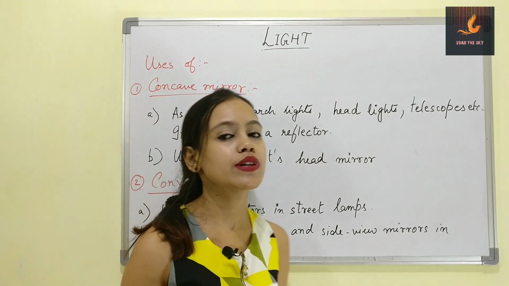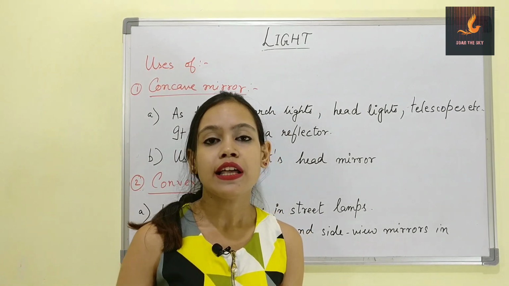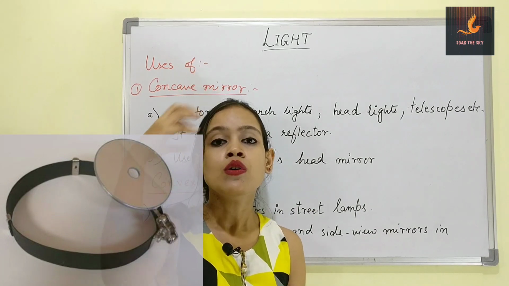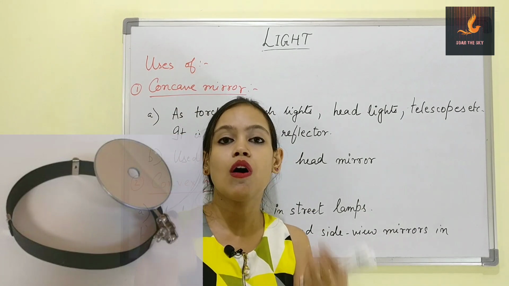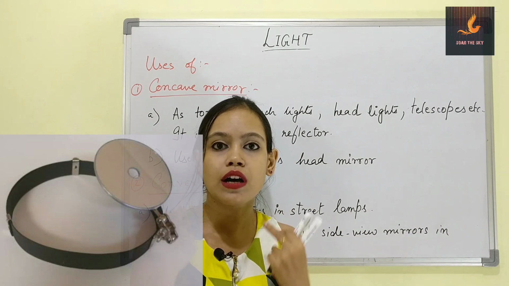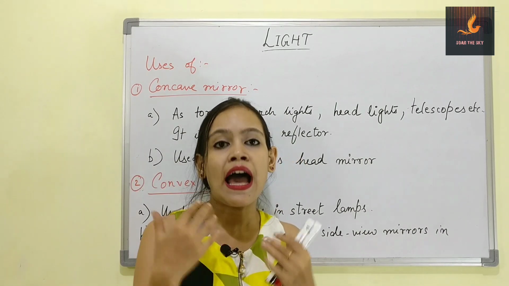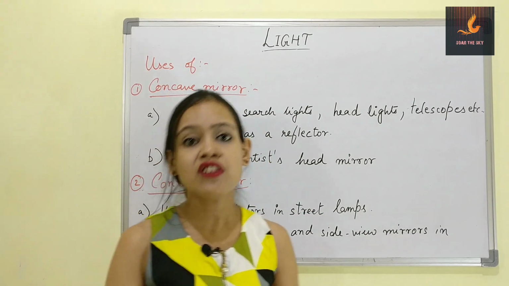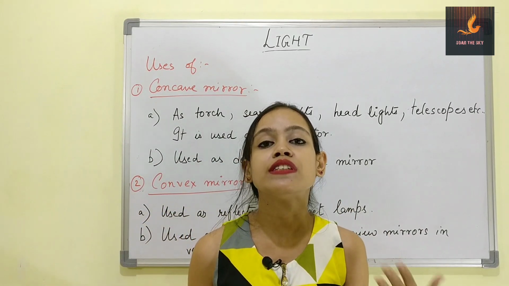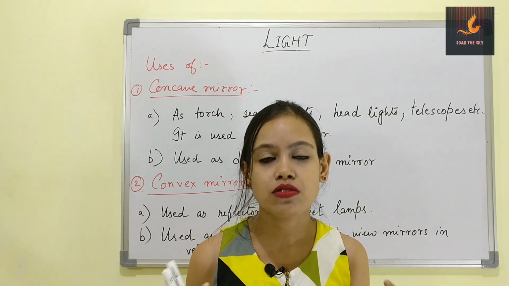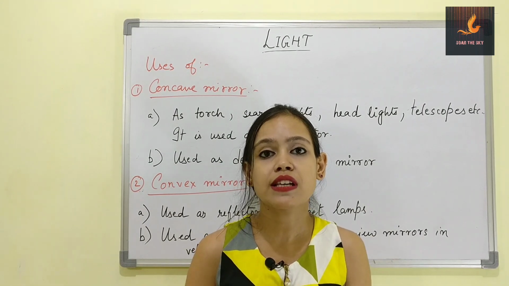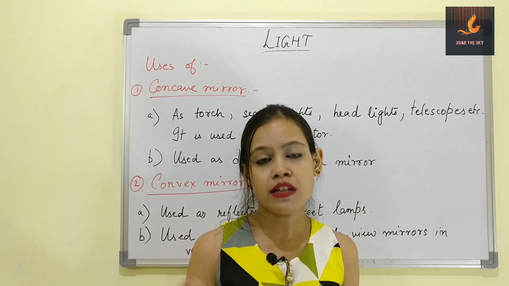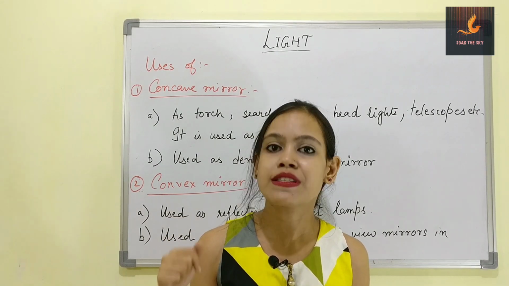If you ever visit a dentist, you'll see that the dentist has a mirror attached to his head which catches the reflection of the condition of the teeth or gums inside our mouth, and there is another mirror where that reflection is again re-reflected, so the dentist can actually see the condition of our mouth, because inside our mouth it's very difficult for the dentist to understand what problems have arisen.